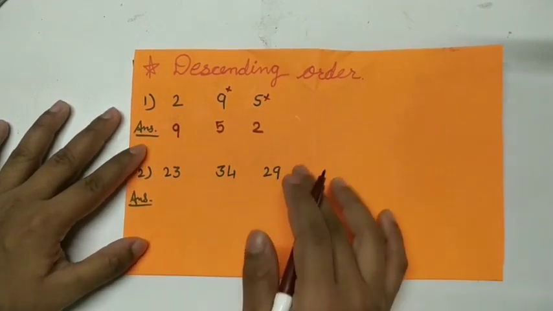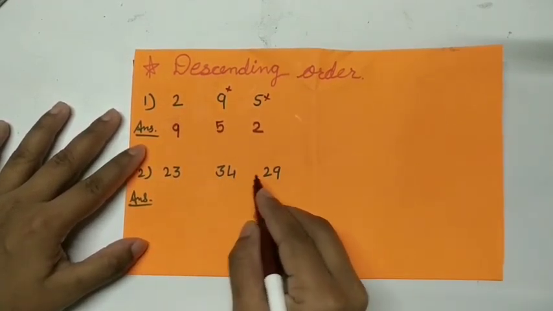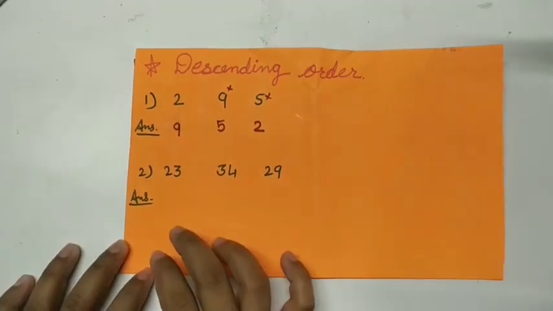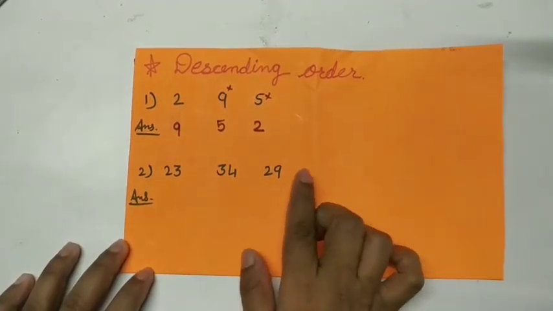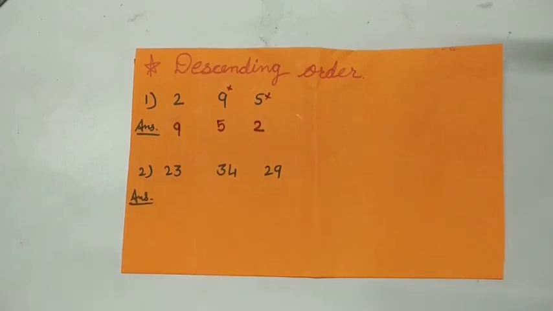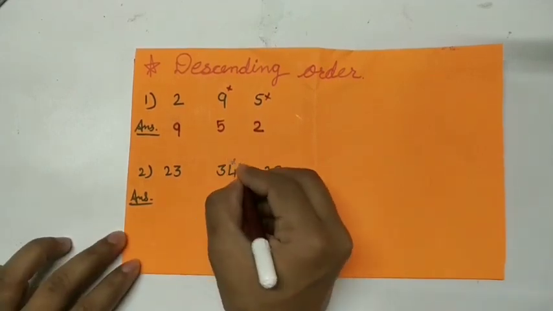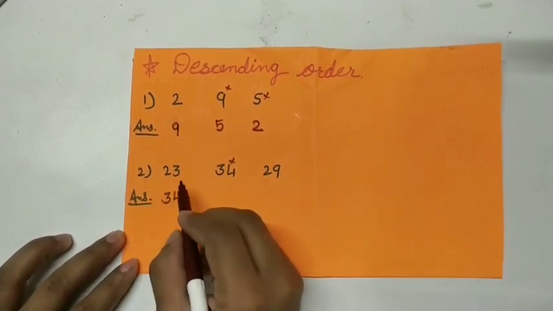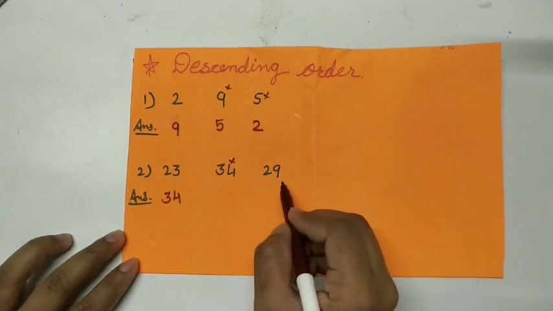See the second example. 23, 34 and 29. Okay. Now which is the greatest number? 29? No, 34. Cut down 34 and I am writing 34 here. Now 23 and 29.